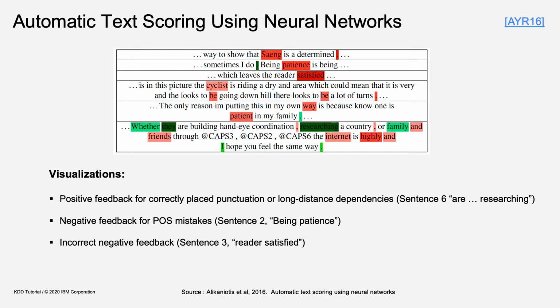On the other hand, negative feedback is given for POS mistakes and spelling mistakes. For example, in sentence 2, being patient contributes to the low score. Finally, there are mistakes that are observed to be made by the model. For example, in sentence 3 here, reader satisfied is given incorrect negative feedback.